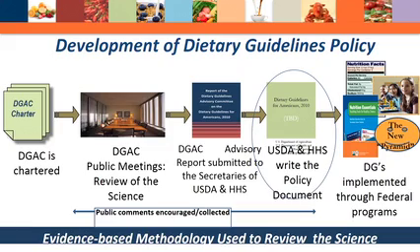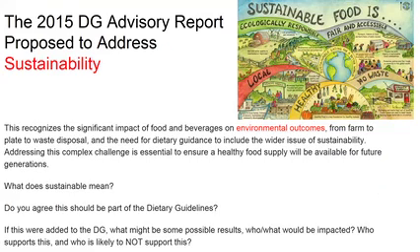Another important take-home point about this is it is based on science and evidence, and we can only use it on the evidence that's out there, so things that have been published. This is actually a kickback to the 2015 dietary guidelines.